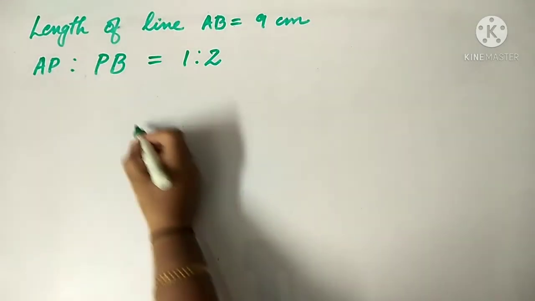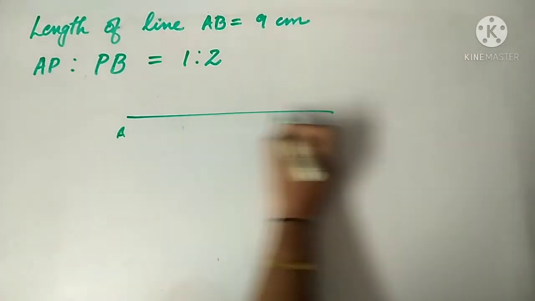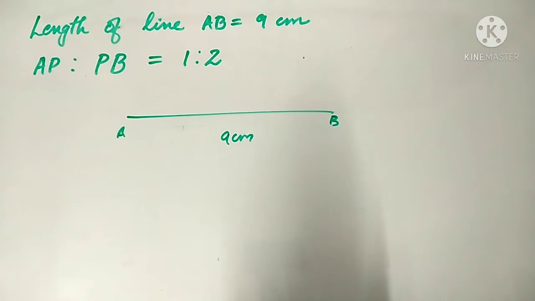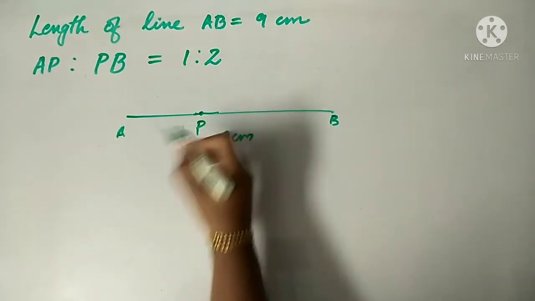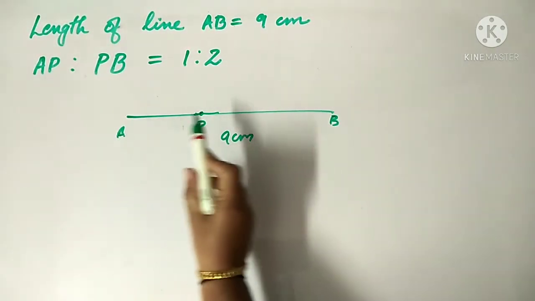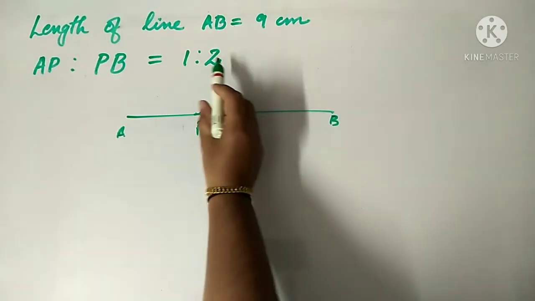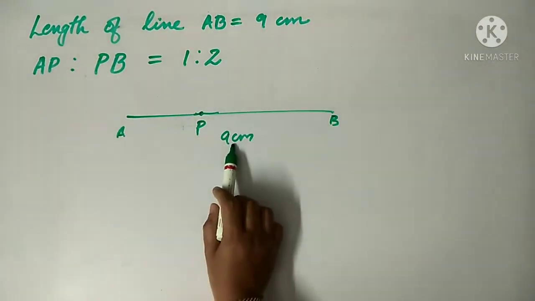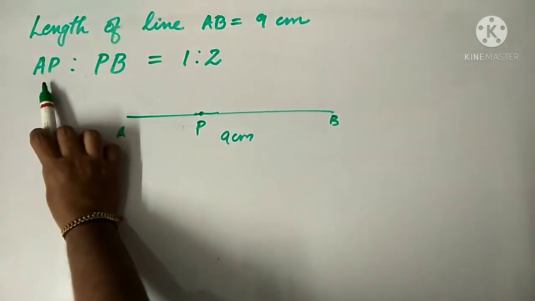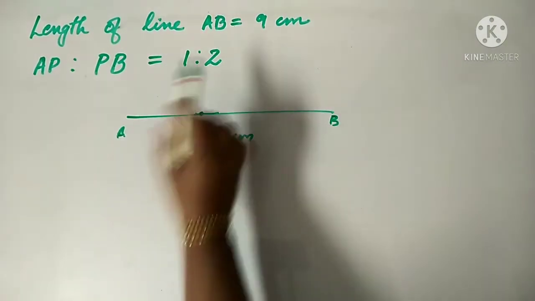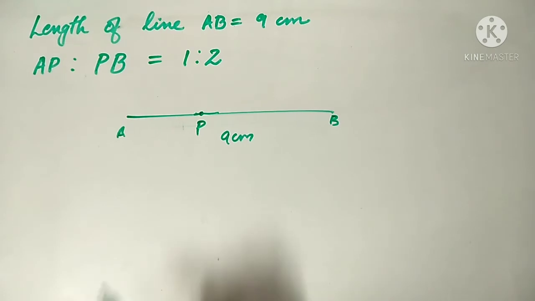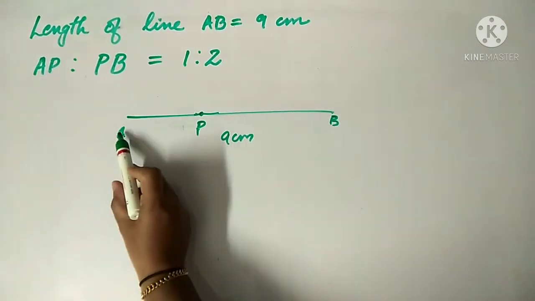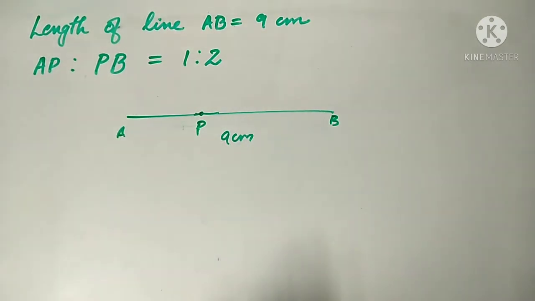According to the question, draw a line AB of 9 centimeter and we have to mark a point P on it such that AP is to PB is 1:2 ratio. So we write length of the line is 9 centimeter and the ratio of AP is to PB is 1:2. We have to find how far from A we have to mark P. That means from A to P what is the length.